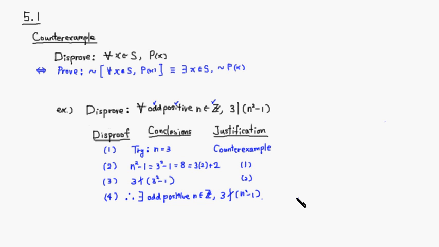So this comes from line number 3. That will verify that n equals 3 is a counterexample, which disproves this universal statement. That's it. I hope that this was clear.